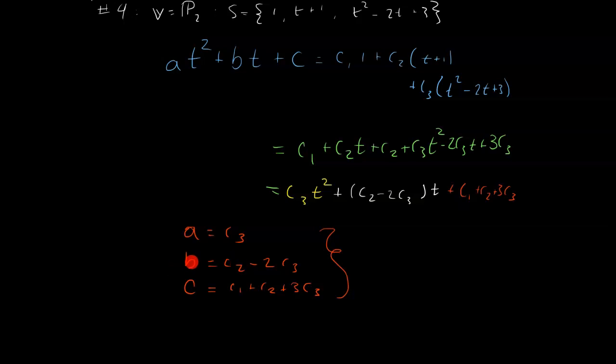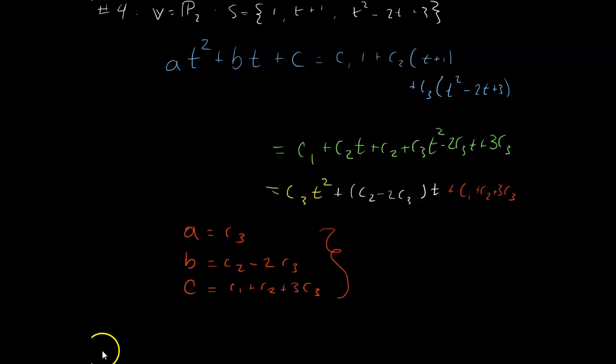So then I can get b just by choosing c2 at will. Then for this last constant, c2 and c3 are already taken because they determined a and b, but then I have this other free variable c1 in there. And because of that, you can sort of eyeball and say this will be solvable. This will give me a solution where I can get all these different values uniquely. That's one way of doing it.